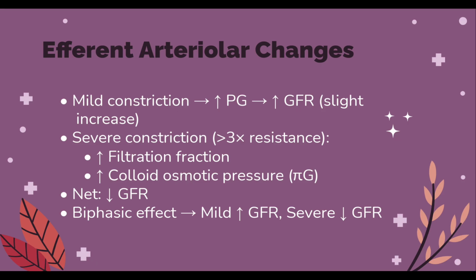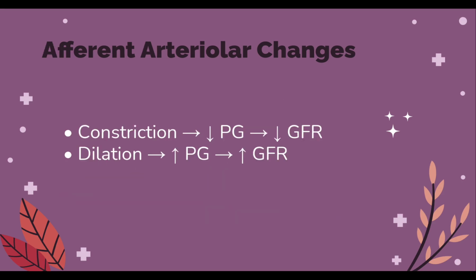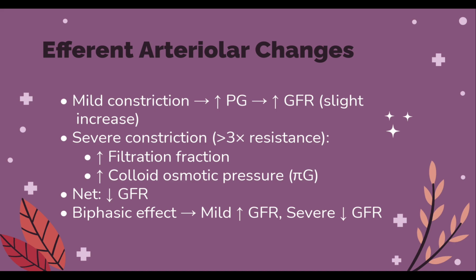So there is a biphasic effect at efferent arterioles. In mild constriction, GFR is increased, but when there is severe constriction, GFR is decreased. So the changes are different at the afferent arteriolar end and efferent arteriolar end.